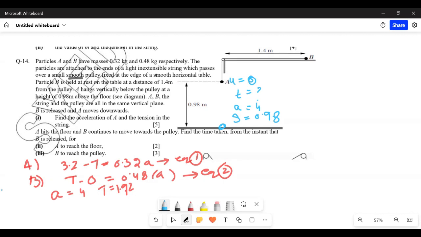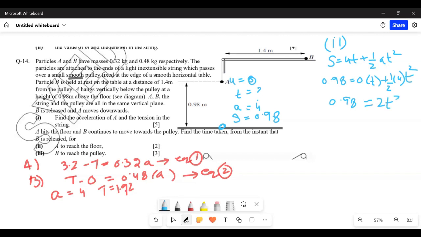So part 2, we can use S is equal to UT plus half AT square. 0.98 is equal to 0 times T plus half 4 T square. We have 0.98 is equal to 2T square.